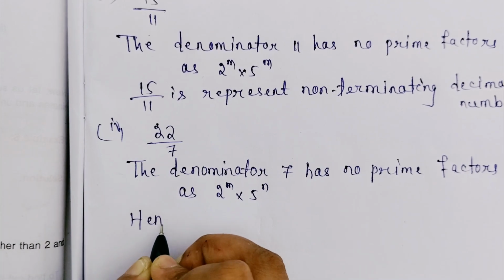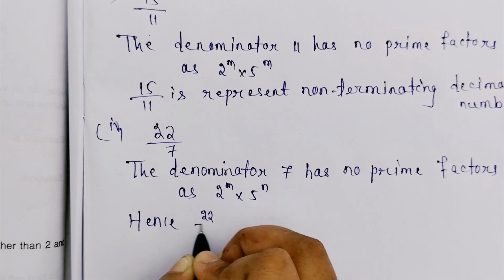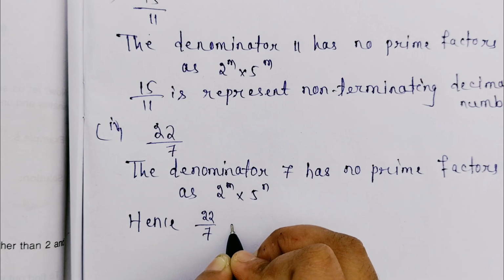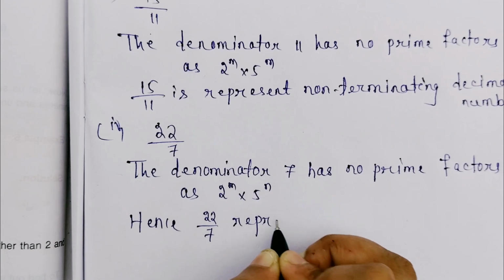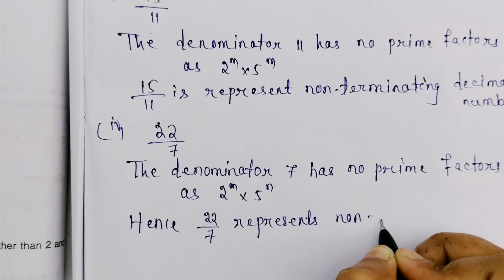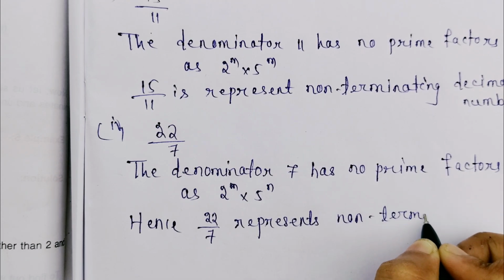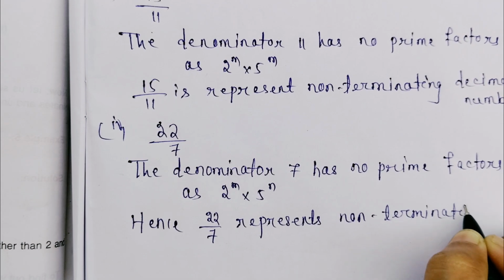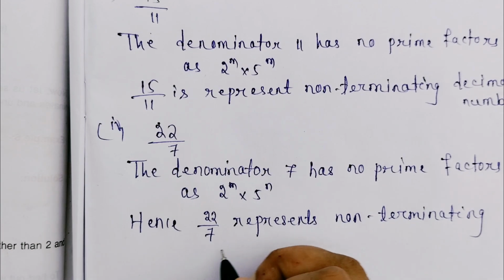Hence 22 by 7 represents a non-terminating decimal number.